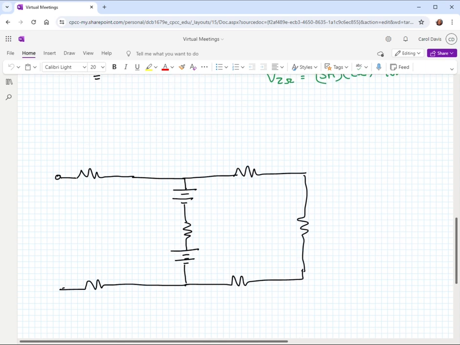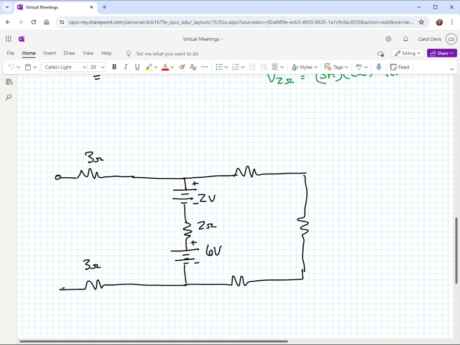All right, so let's make this a 2-volt source, a 6-volt source, and I'm going to orient them in the same direction. Let's make these, I don't know, 2 ohms, 3 ohms, 3 ohms.